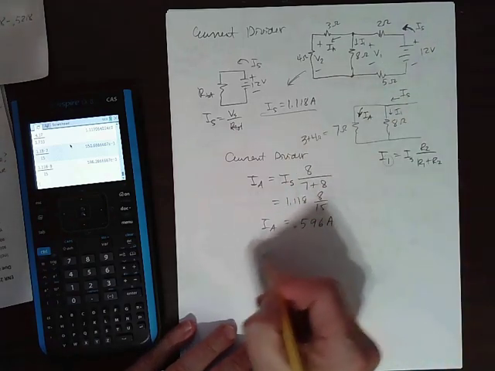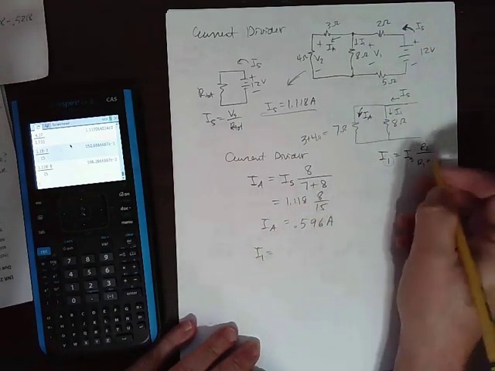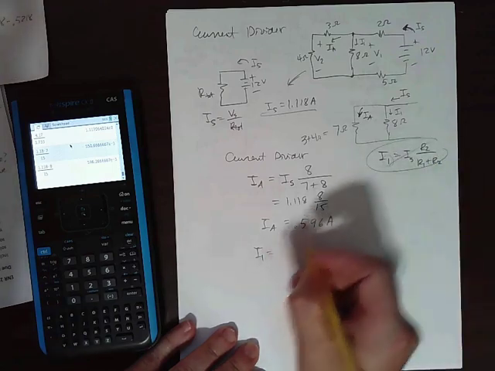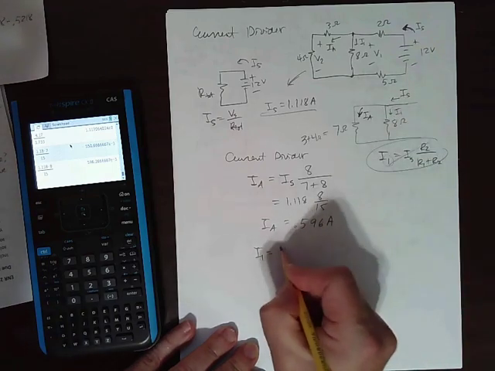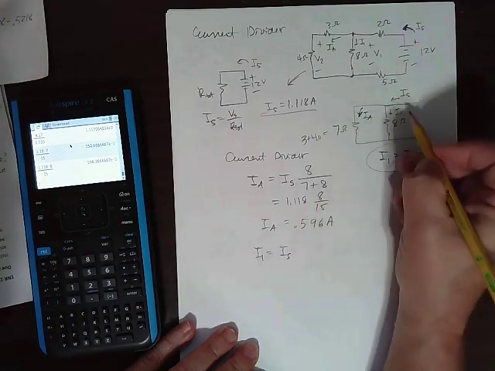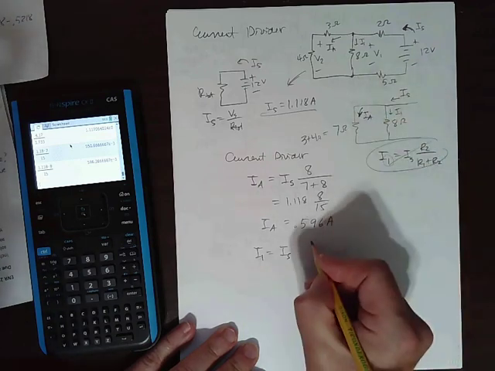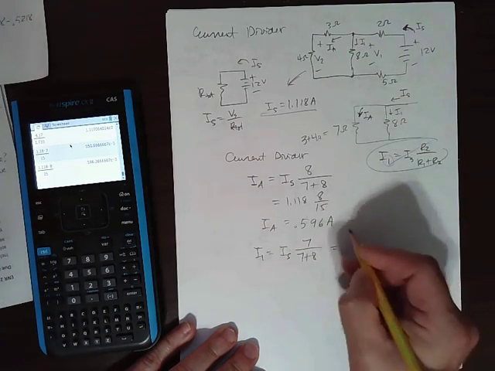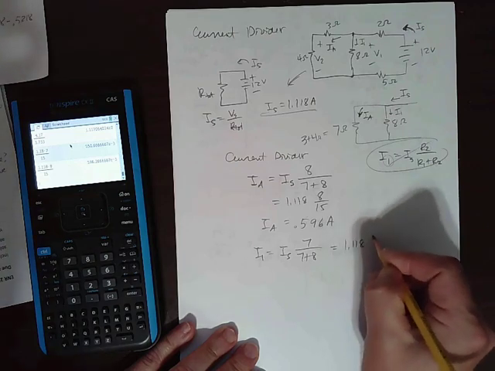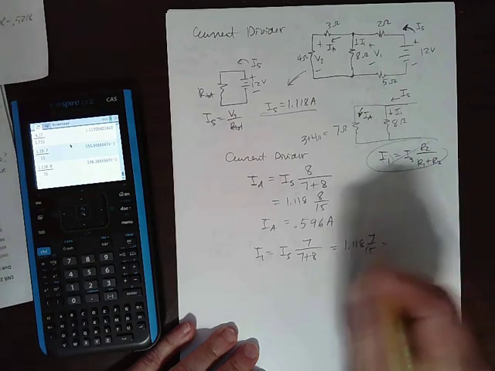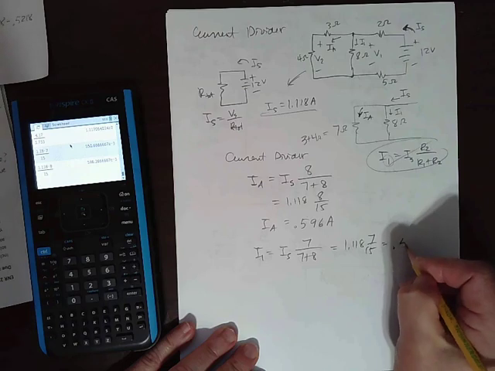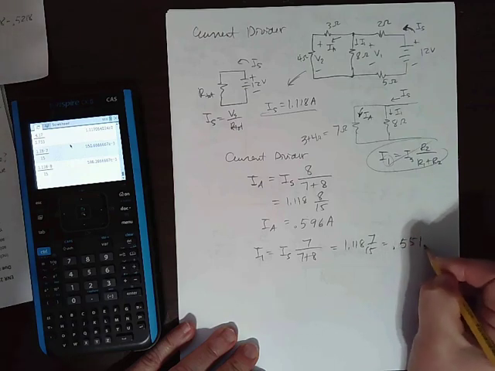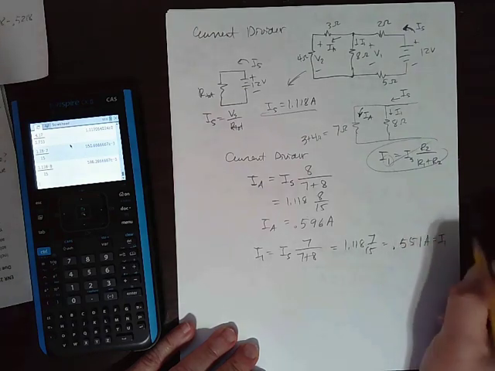And we can also get I1. So this was just a general formula. I1 for this specific case is going to be our IS, and we want the current here, so we're going to put the other one on top. So now it is the 7 on top, over 7 plus 8. So it's 1.118 times 7/15, which is 0.551 amps. Was I1.